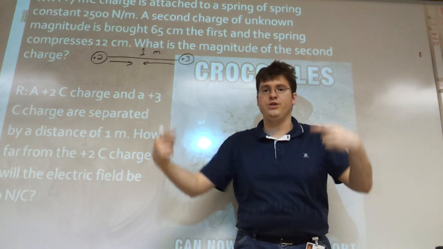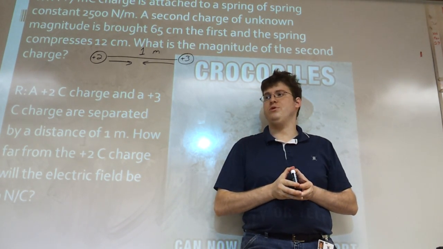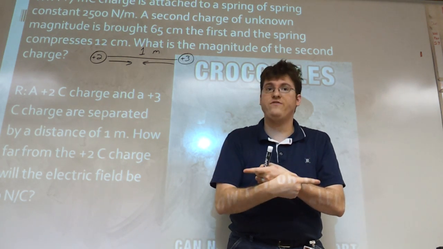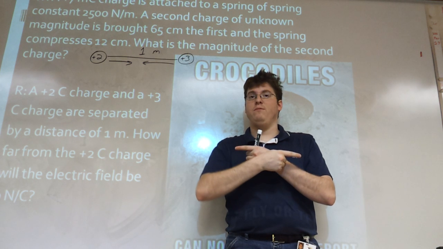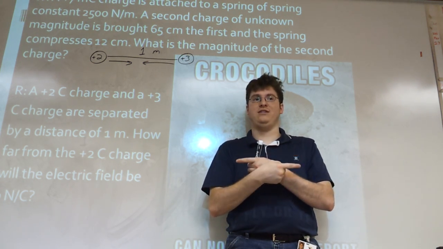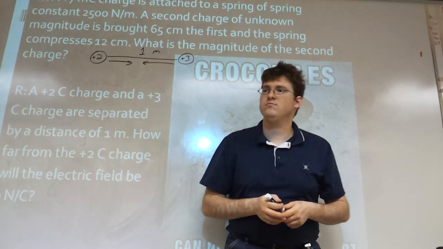So what do vectors do when they're going opposite directions? Like if I had a force this way and a force this way, they subtract from each other. And if the magnitudes are equal, they will completely cancel. Everybody kind of get what I'm saying? A little bit?